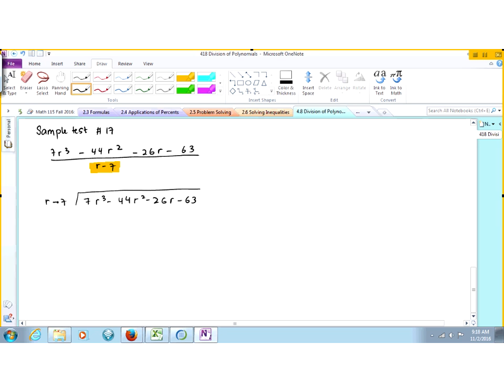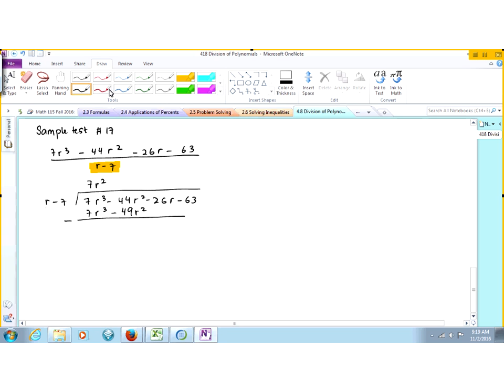So 7r cubed divided by r. What is 7r cubed divided by r? 7r squared. Now 7r squared times r minus 7 is 7r cubed minus 49r squared. And we're supposed to subtract.